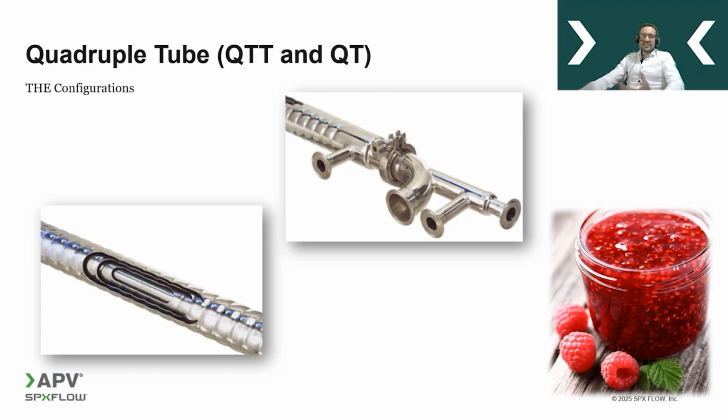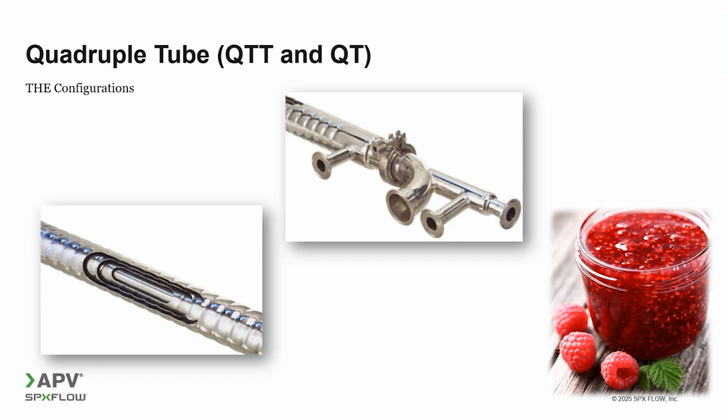And that is actually the key, because that tangential flow path is specifically designed for those applications where we have particles, and could help to maintain the particle integrity. For those applications where keeping the particle integrity is paramount, the quadruple tube could be the right solution.